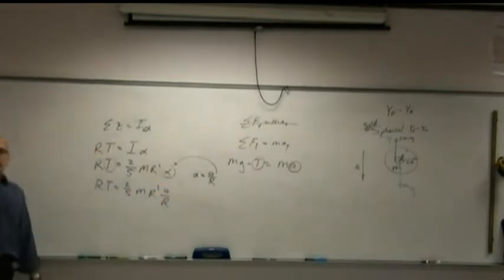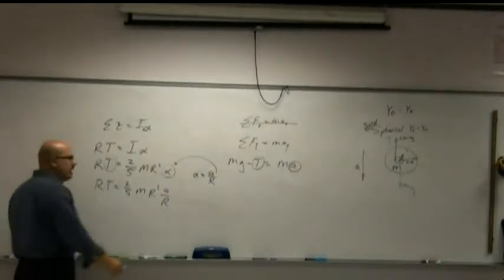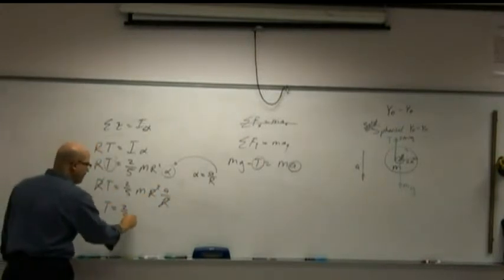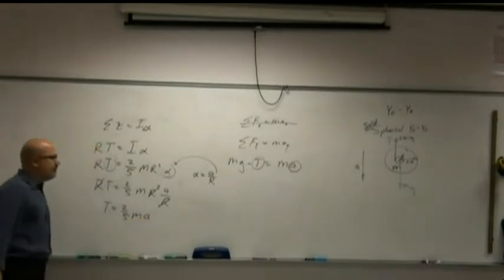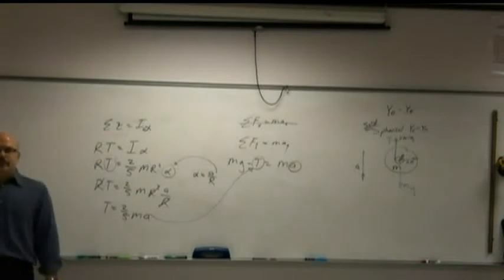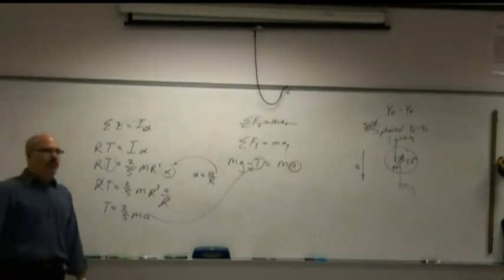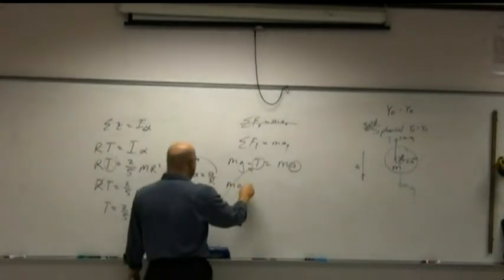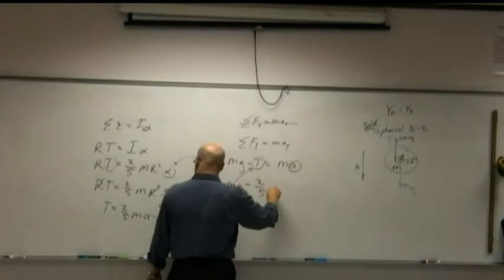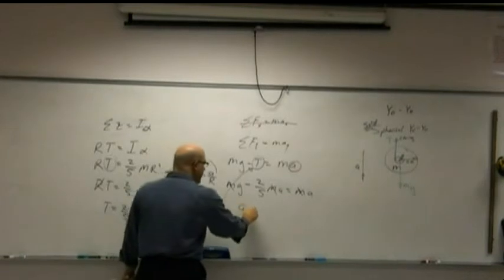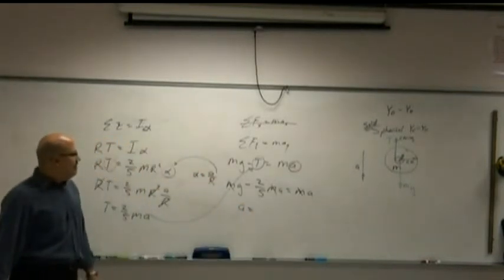Here we go, and the magic occurs again. The tension goes straight down, which is parallel to the radius. Are you keeping up? mg minus 2/5 ma equals ma. The m's go away. So what's a? 5/7.